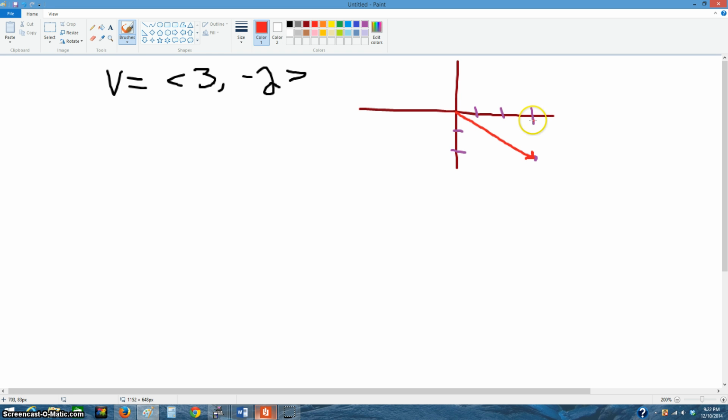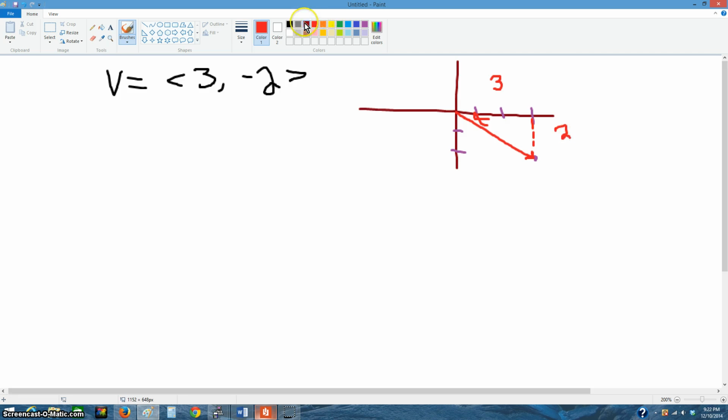Okay, and I will create a right triangle with respect to the x-axis. So now we're going to discuss alpha over here. This little angle in here is called my alpha. With respect to distance, the distance from the origin to here is 3, and the distance from here to the tip of my vector happens to be 2.